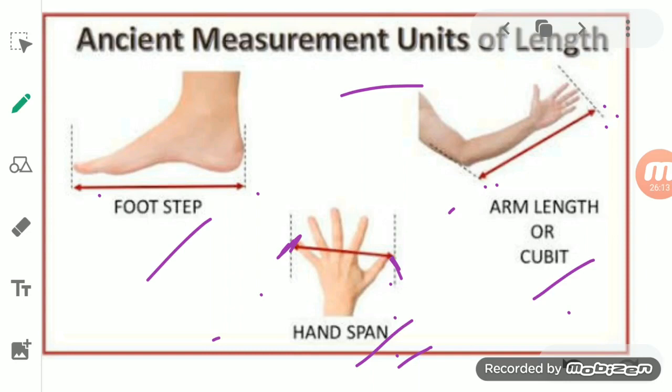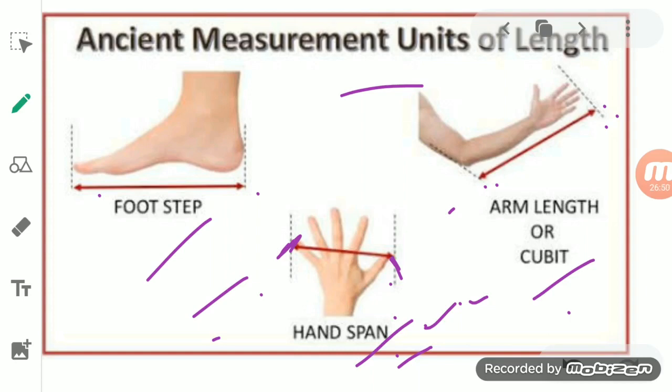If a person is of small size, then the hand span will be less. If a person has good height, then they have a long hand span. The same thing with the foot step. The foot also varies from person to person. Not only this, arm length is also not similar for all human bodies. It varies from one human to another.